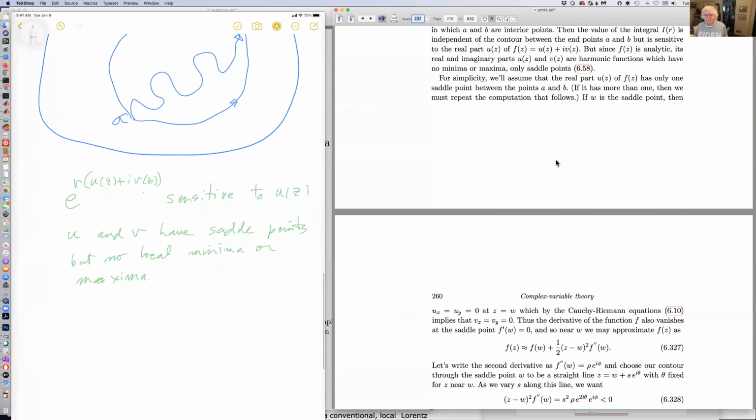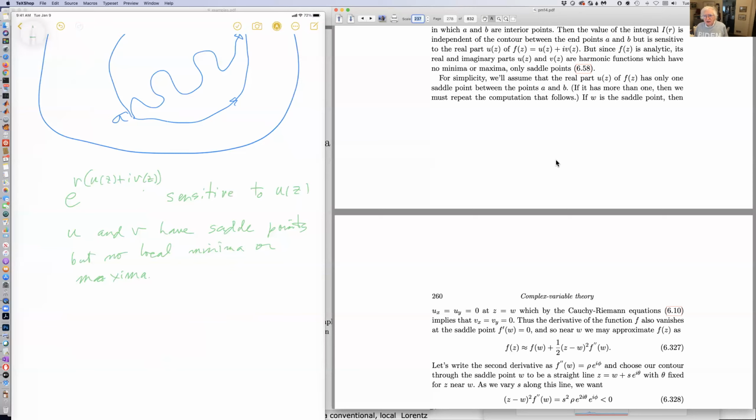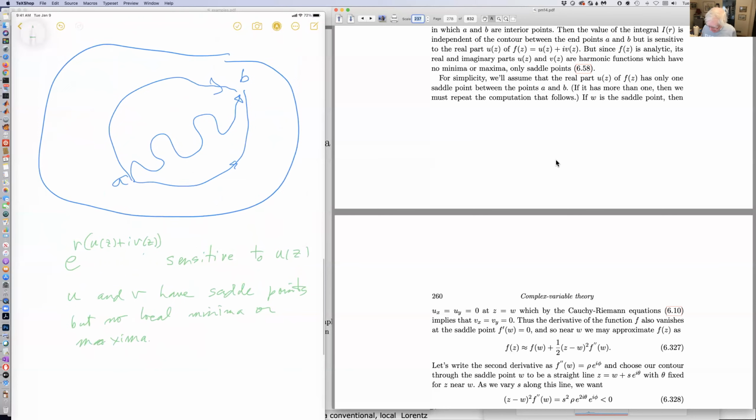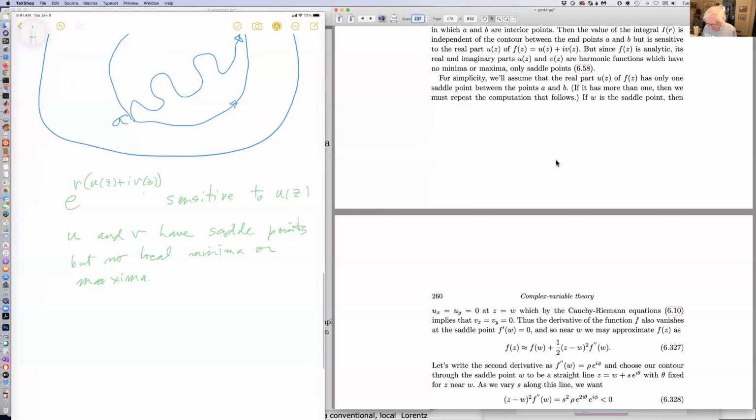So what do we do? Well, what that means then is that this r u of z plus i v of z, these functions u and v can get very big or very small, but we can't find a local minimum or maximum for that matter.